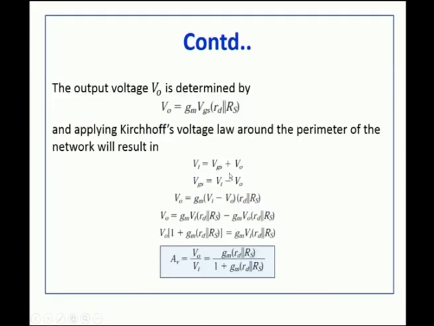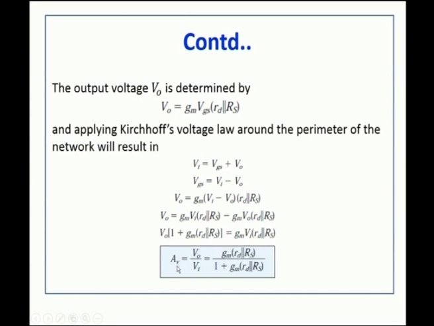VI is equal to VGS plus VO, and in this equation VGS can be written as VI minus VO, and VO equals GM into VI minus VO into RD parallel RS. You replace VI minus VO for this VGS and multiply everything inside, and you will have an equation in terms of VI and VO.